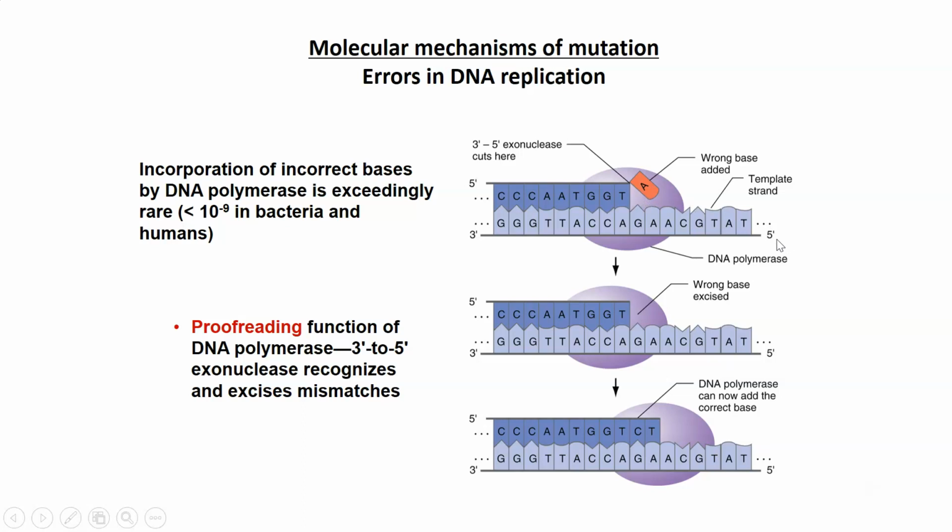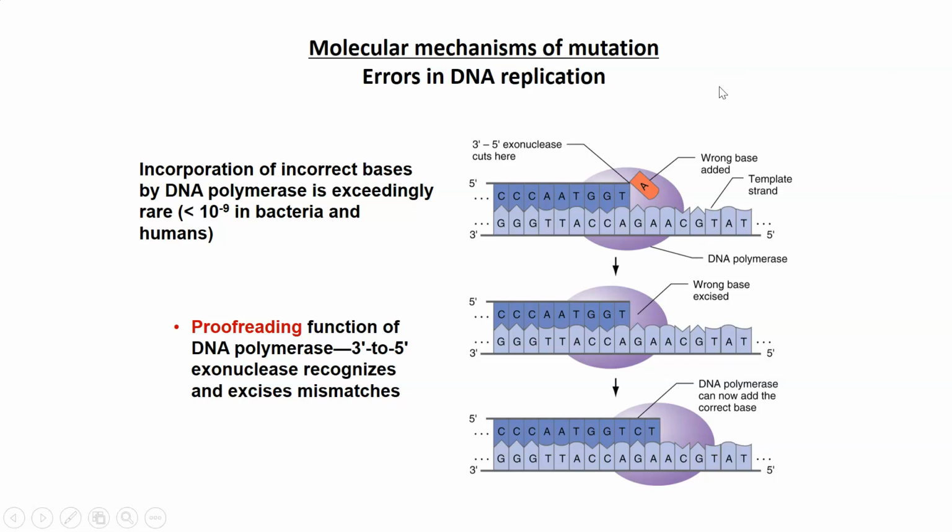So that's a misincorporation. DNA polymerase has the ability to remove misincorporations almost all the time, but the rare case in which a misincorporation occurs and is not removed happens in less than one in a billion bases during a replication.